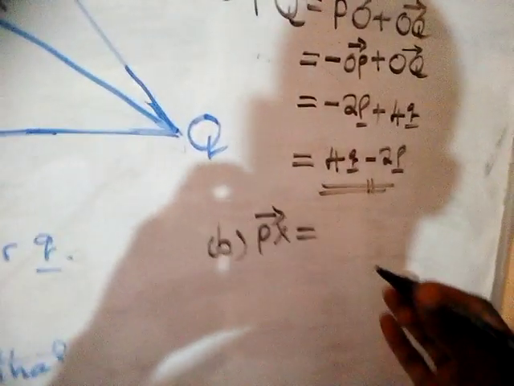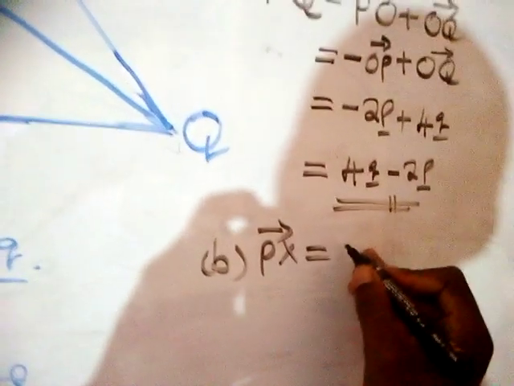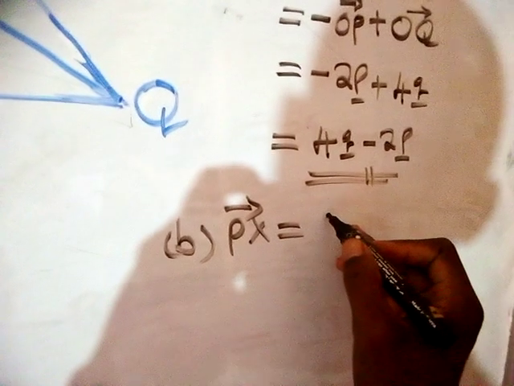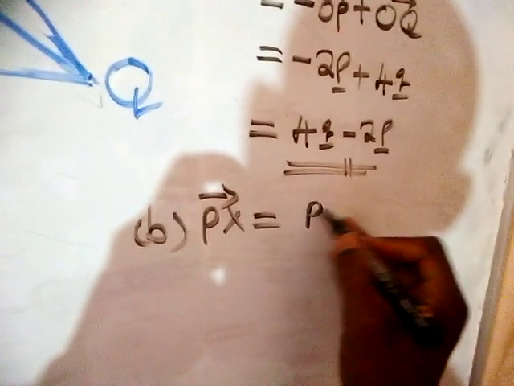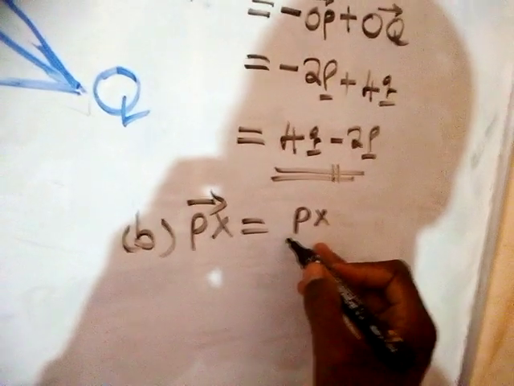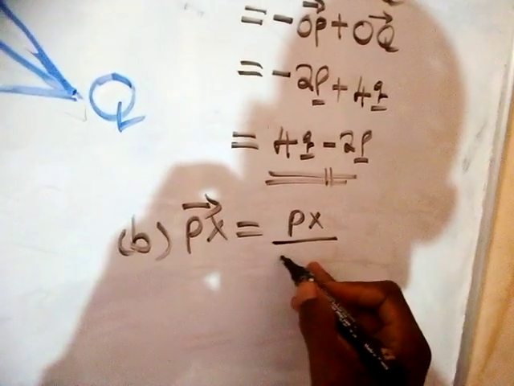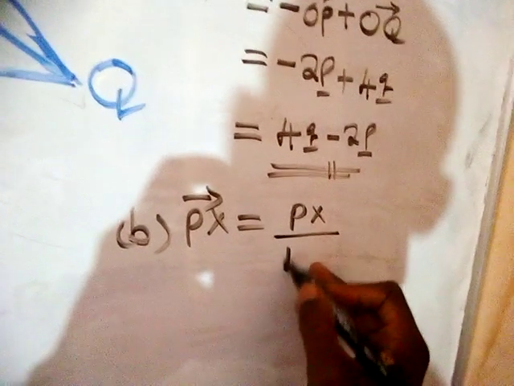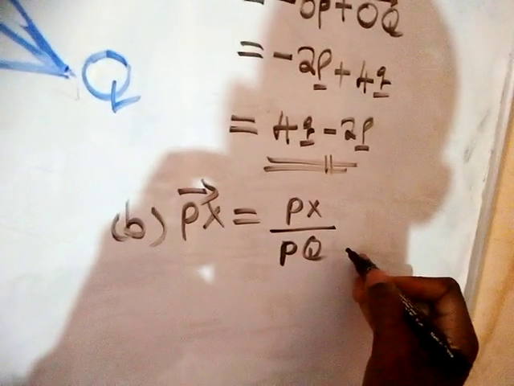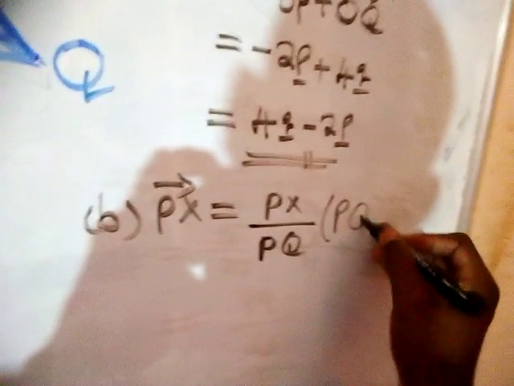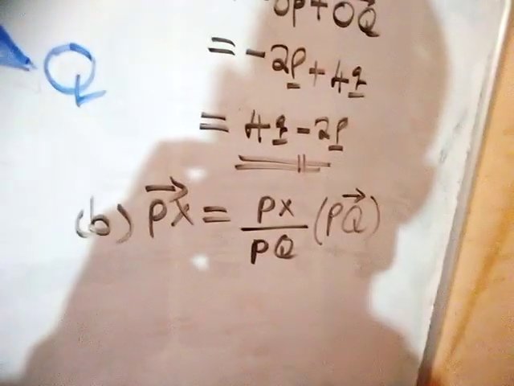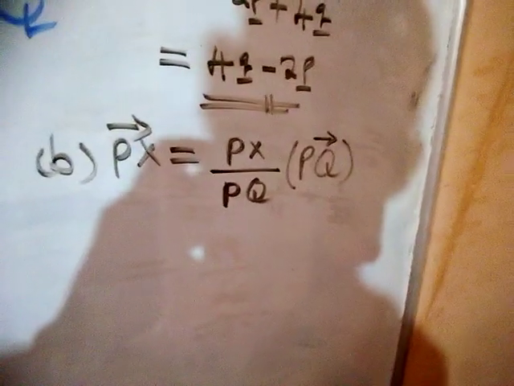So vector PX is in the ratio of PX out of the entire line, vector PQ. That is in terms of the ratios. That's how you write this one.